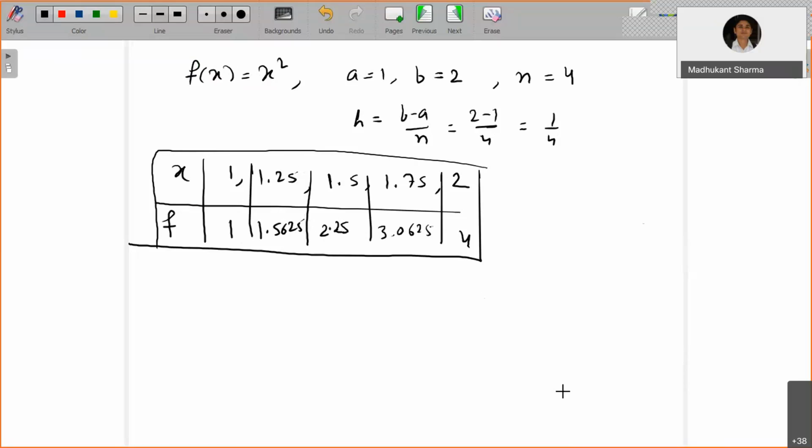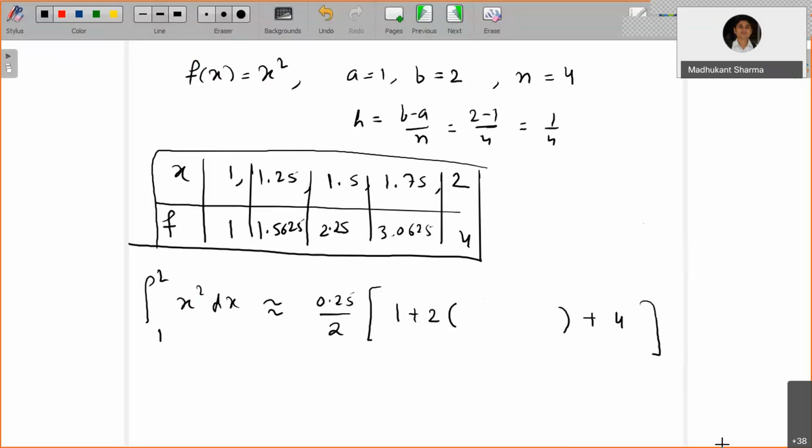So the trapezoidal rule says that the integral from 1 to 2 of x square dx is approximately equal to h by 2, so 0.25 by 2 times f of x0, which is 1, plus 2 times the sum of the intermediate values, plus the last point, that is 4.